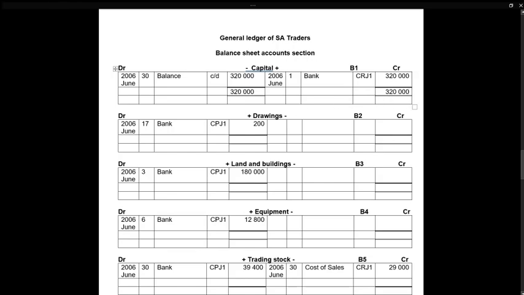Therefore, my new opening balance will be 320,000 Rand, on the 1st of the new month, which will be July 2006. I'm not writing the year again since we're in the same year still. Remember, my details must be balance. Reason for this is it's not a transaction, it's just a reminder of my opening balance on the 1st of July.